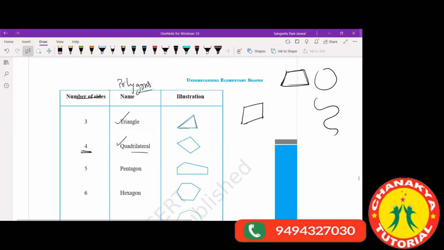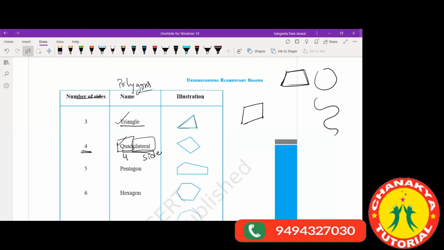Any closed polygon with three sides is called a triangle. And any polygon with four sides is called a quadrilateral. Quad means four, lateral means sides.